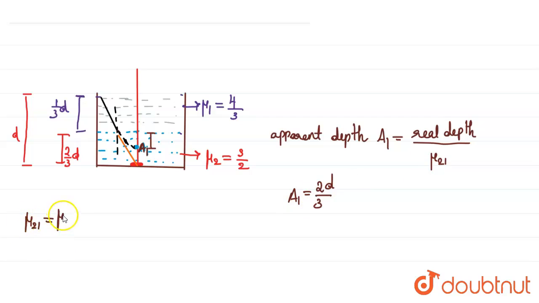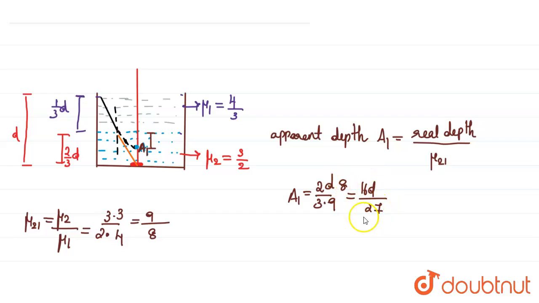Mu21 is equal to mu2 divided by mu1, that is 3 by 2 divided by 4 by 3, which is 9 by 8. So we get 16D divided by 27. The first apparent depth A1 is equal to 16D divided by 27.